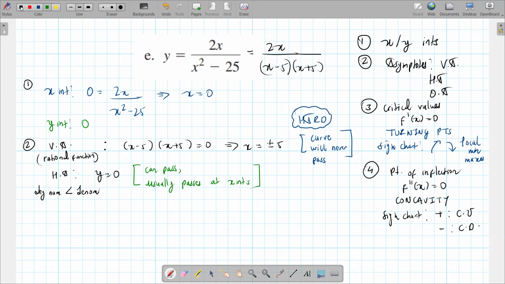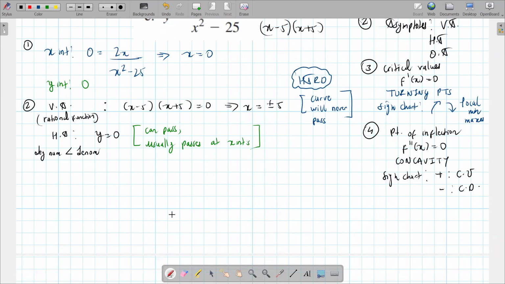So let's just sketch it really quickly, a rough sketch of what we have thus far. So we have x-intercept, y-intercept, and our asymptotes. So x-intercept is 0, y-intercept is 0 right there. That is fixed. Our asymptote is plus minus 5. So 1, 2, 3, 4, 5 here.